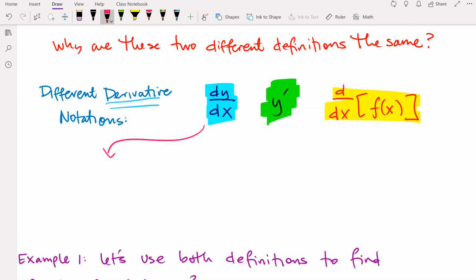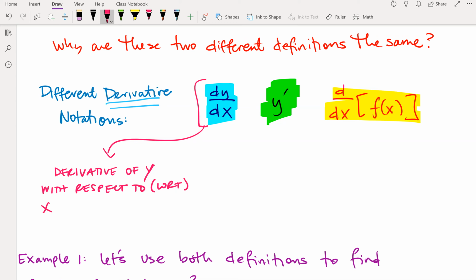Dy dx, this is how we say this. We can say dy dx, but it means the derivative of y with respect to x. You can write WRT for with respect to x. That's how you say dy dx.